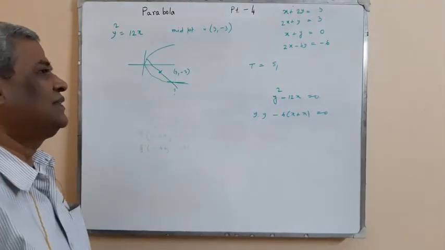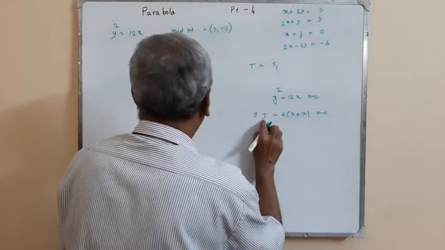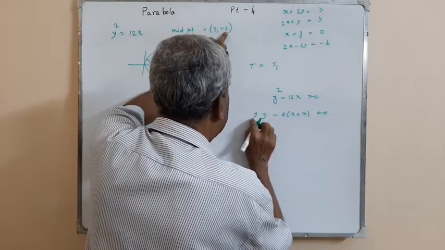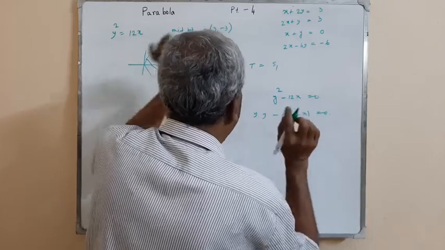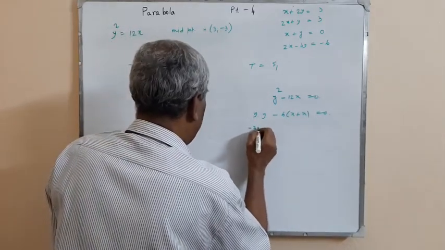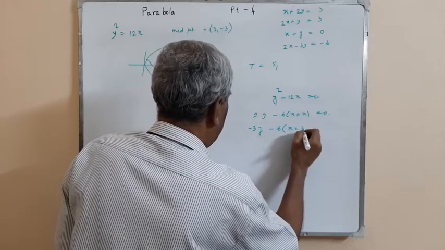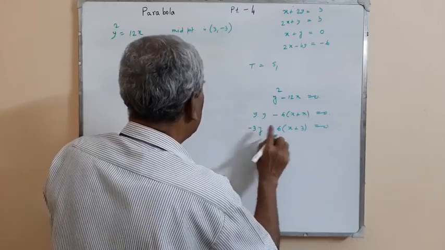Now we put one y as the y coordinate of this point and keep one y intact, and one x as the x coordinate of this point and keep one x intact. So it is equal to minus 3 into y minus 6 into x plus 3 equals 0, the equation of the tangent.